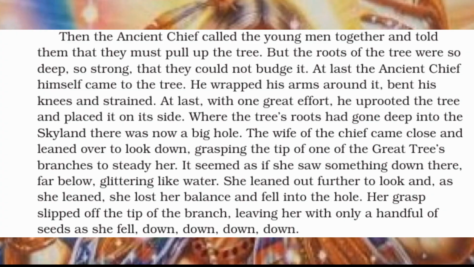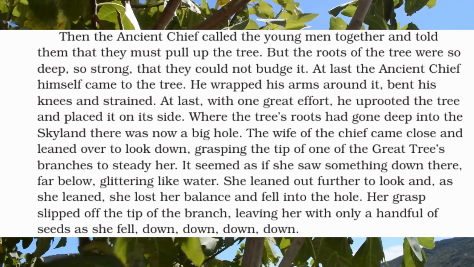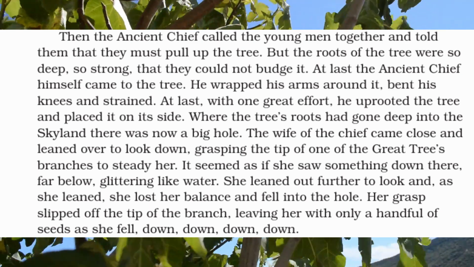Then the ancient chief called the young men together and told them that they must pull up the tree. But the roots of the tree were so deep, so strong, that they could not budge it. At last, the ancient chief himself came to the tree. He wrapped his arms around it, bent his knees and strained. At last, with one great effort, he uprooted the tree and placed it on its side. Where the tree's roots had gone deep into the skyland, there was now a big hole.